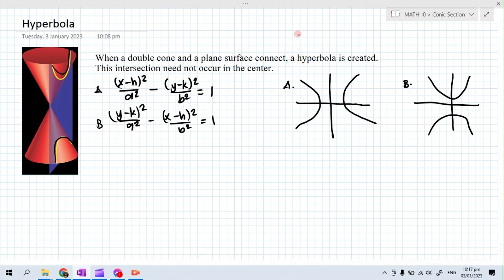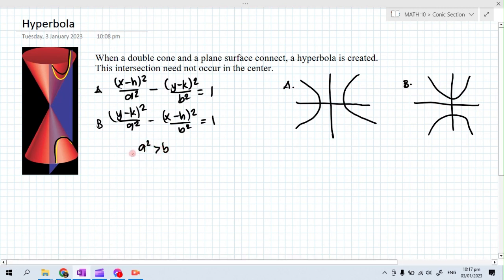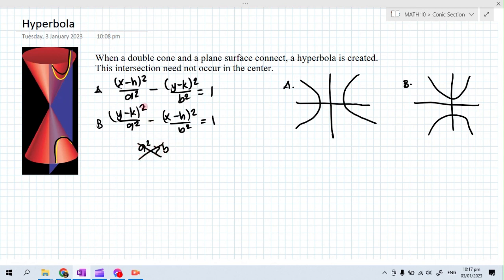Unlike the equation of an ellipse, wherein a squared is greater than b squared, in a hyperbola it does not matter. We distinguish what is a and what is b depending on their appearance.